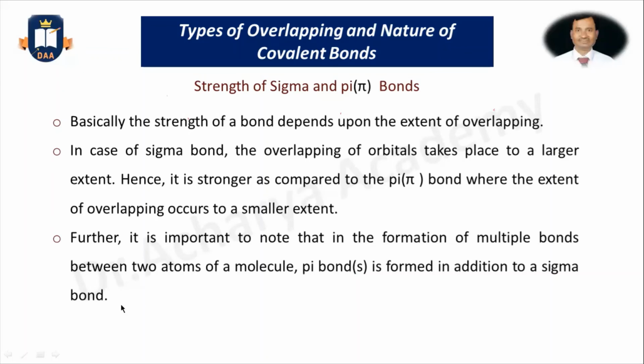For example, in the nitrogen molecule, a nitrogen atom has a triple bond with another nitrogen atom, and in this triple bond one is a sigma bond, and two pi bonds are present in this nitrogen molecule.